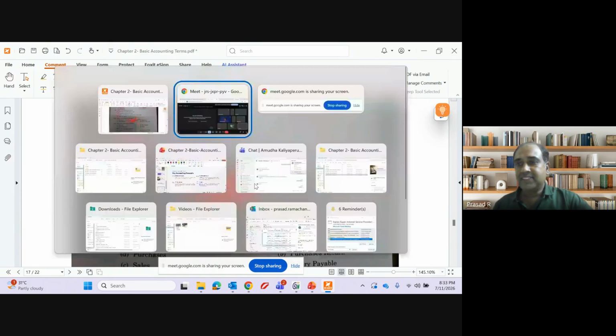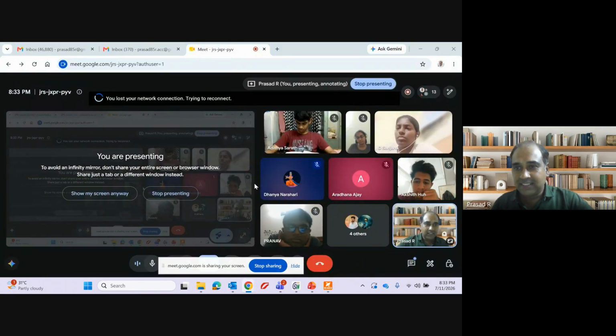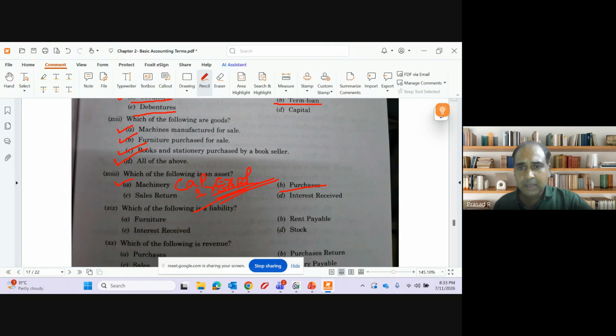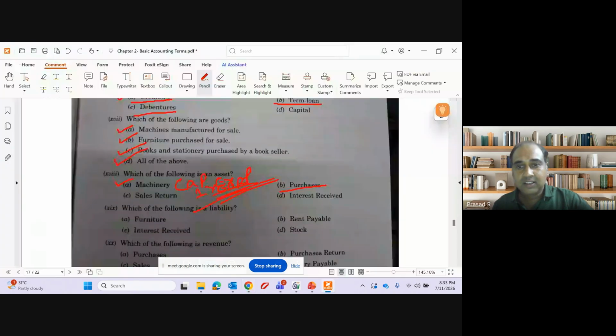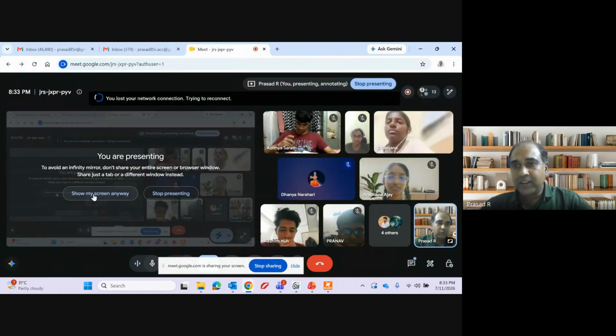That is the reason. Sales return is not an asset, and purchase is also not an asset. Interest received is an income. Purchase is an expense. Sales return is a reduction in sales. I made a sale of 1 lakh and 10,000 comes back, so it is a reduction in income.